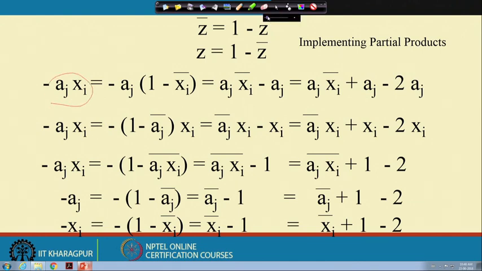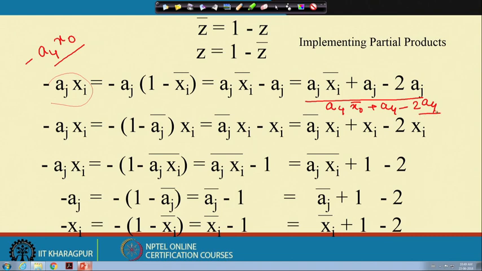Now, if I consider this as minus A4, suppose this is x0, and I represent this equation in terms of j and i, it will be A4 x0 bar plus A4 minus 2 A4.